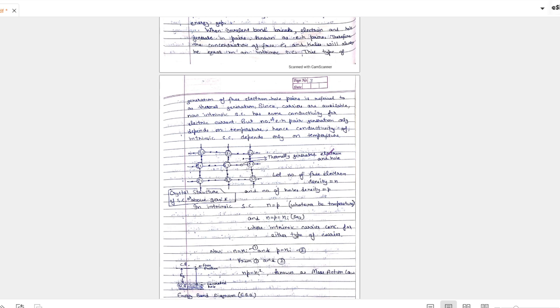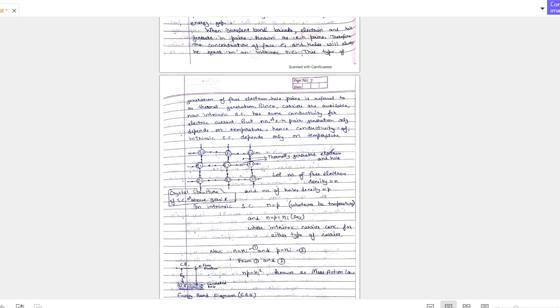That means if we have a semiconductor, it conducts, but we want to increase its conductivity. How can we increase the conductivity of a pure semiconductor? Only by temperature, because as we increase the temperature, the number of bond breaks will increase, which means more electrons are free. If the number of electrons is greater, that means more conductivity.